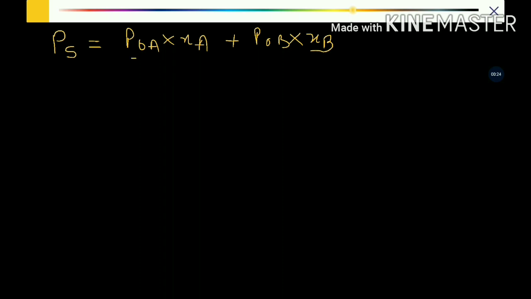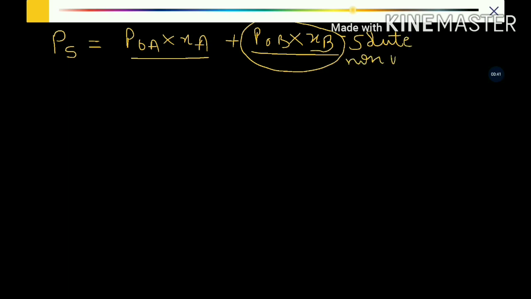Now according to Raoult's law, the vapor pressure of the solution is equal to P naught A into XA plus P naught B into XB, if the solution is binary, ideal, and made up of two components, component A and component B. In case of lowering of vapor pressure, the vapor pressure of the solute component is not counted because the solute is non-volatile.